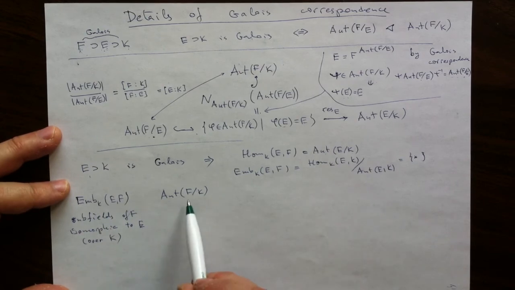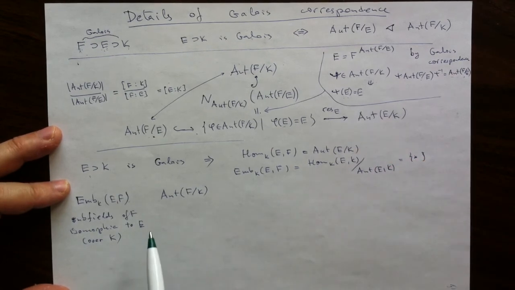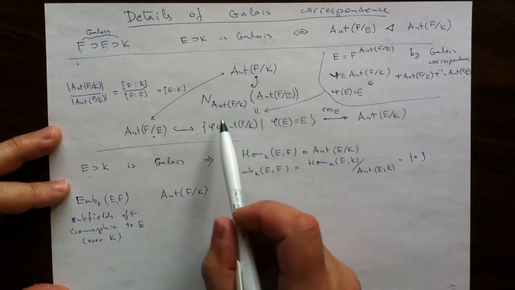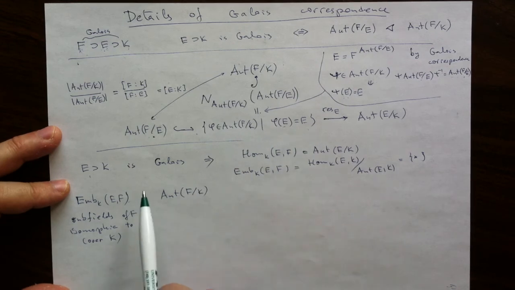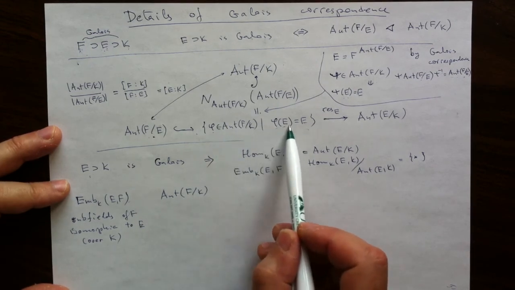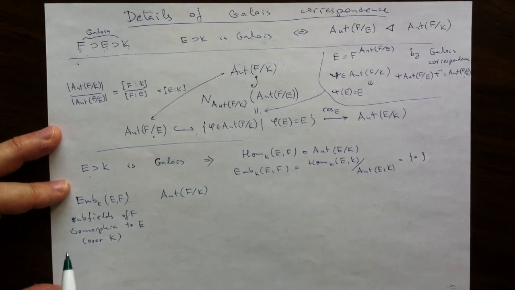So this set is acted upon by the symmetry group of the large field F, of course, by just permuting the subfields. And we could see what is the stabilizer of a given E, and that has to be this subgroup, right? Because they're just literally symmetries which do not shuffle a chosen copy of E around.